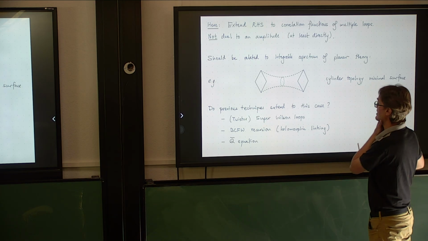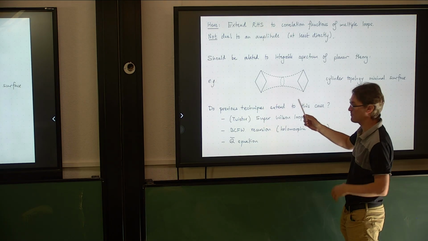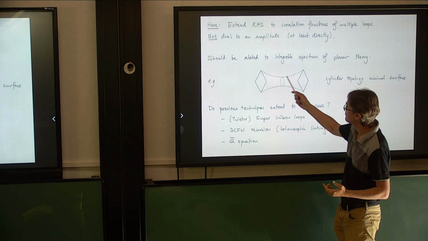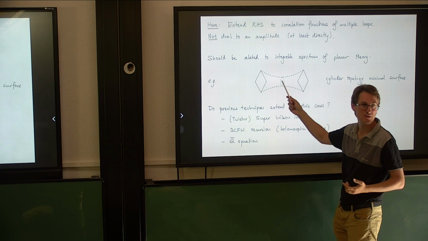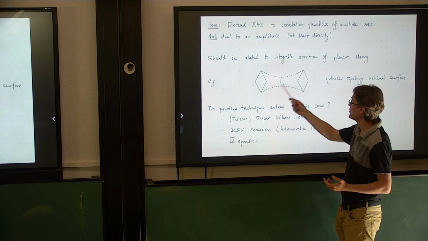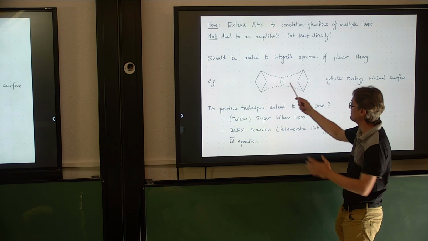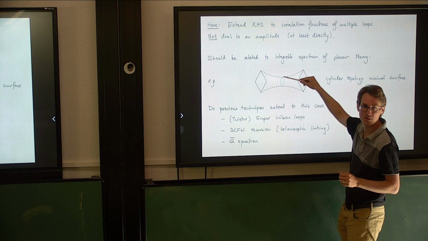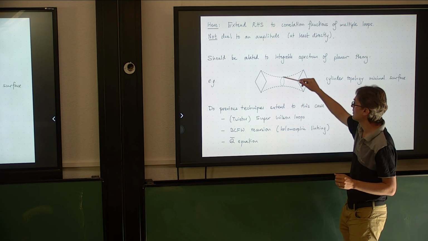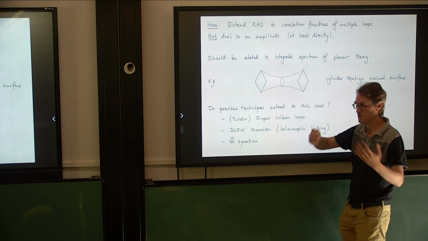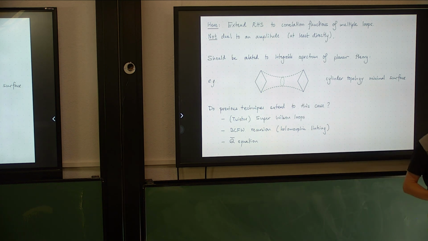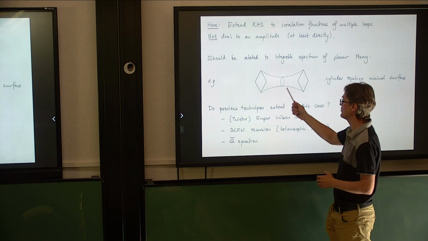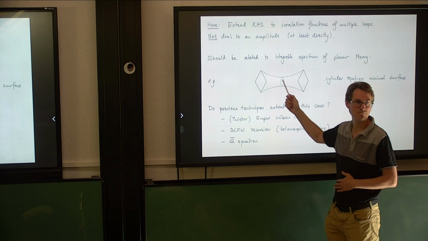Why would you be interested in that? Well, it's perhaps a slightly baroque way of approaching the spectrum of the theory again. If I exchange a minimal surface that goes from one to the other, in principle I'm exchanging all closed string excitations between my two objects. And closed string excitations means gauge invariant local operators in the gauge theory. So this object should contain information about the spectrum of the theory, right?